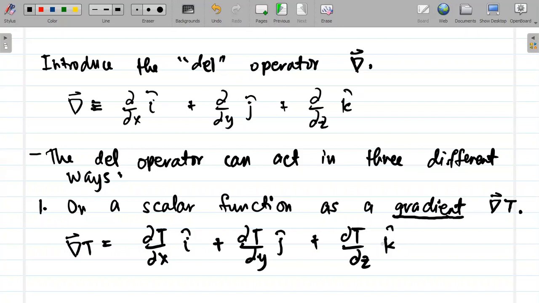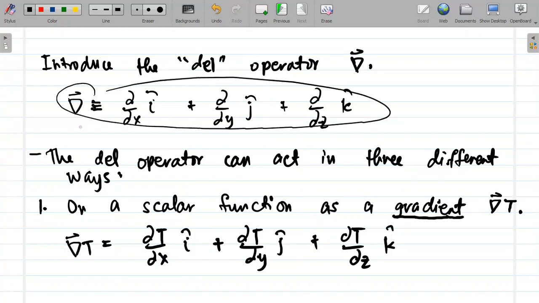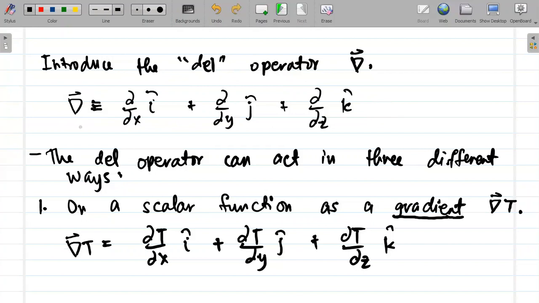Yan ang ating definition ng gradient. So class yung del operator pala lang talaga siyang derivative. Derivative in 3 dimensions. So ito, kung kukunin mo yung derivative, yung gradient ng t, ito siya.